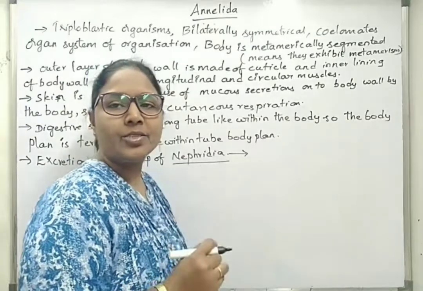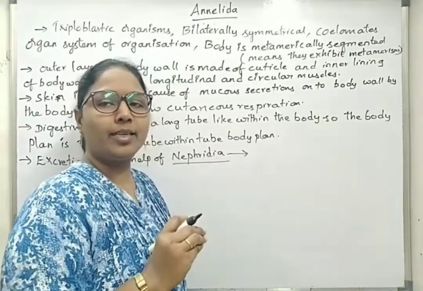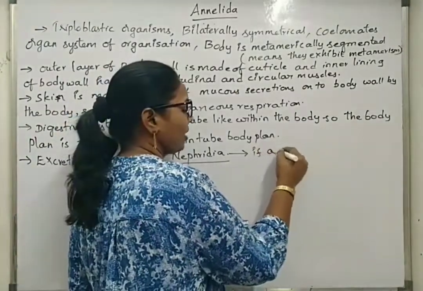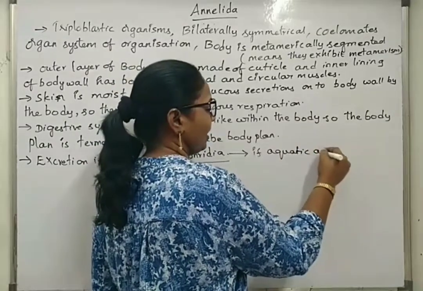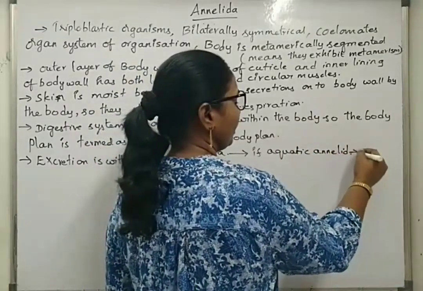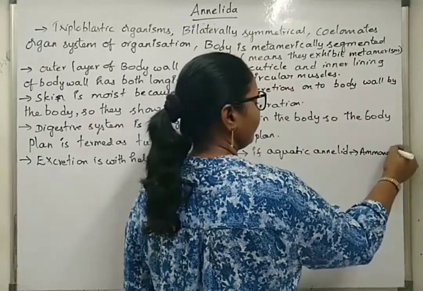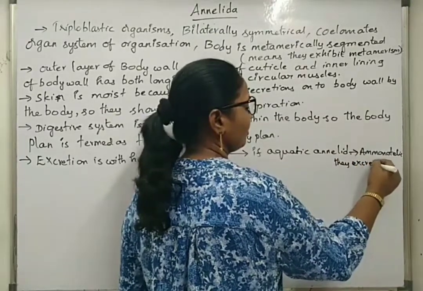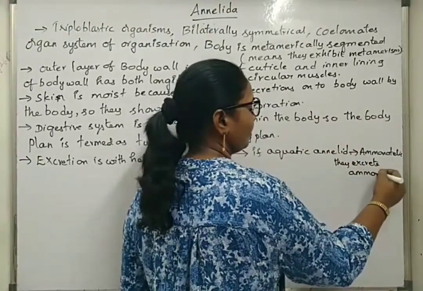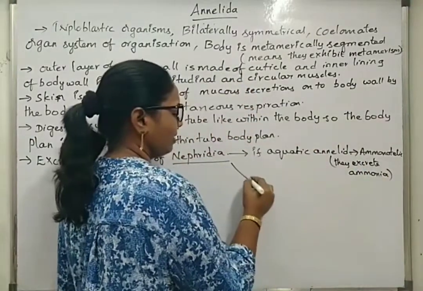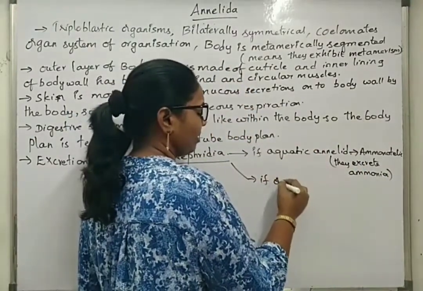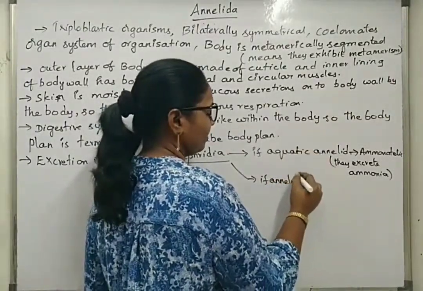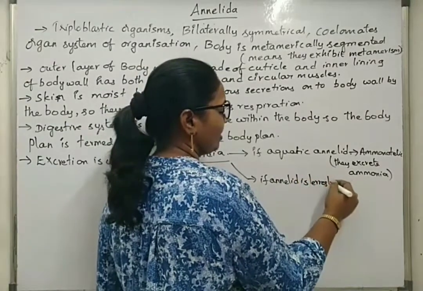If the annelid is terrestrial, meaning it is residing in a habitat with less water content, then it is called ureotelic.